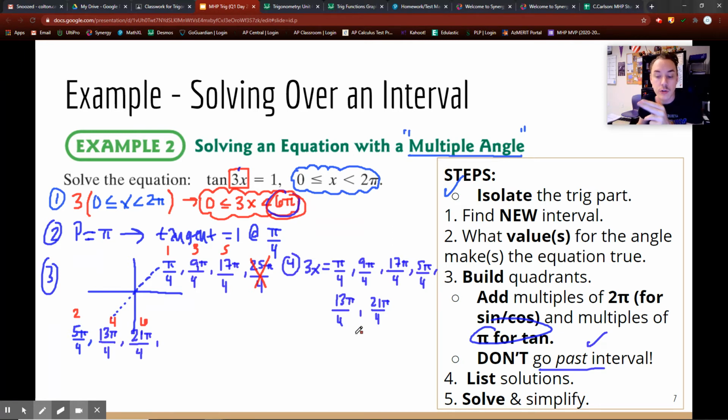I want solutions from 0 to 2 pi. So how do I do this? Well, now look at my x. I said 3x equals because that's what it is. Now watch. What if I multiply by 1/3 to this? That goes poofy, that goes poofy. And now I get to step 5 and I get x equals, which is what I want.